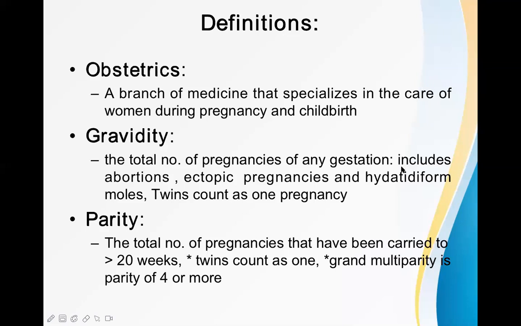Another is hydatidiform mole. Probably in pathology you have heard about hydatidiform mole. This hydatidiform mole is also known as molar pregnancy. This is an abnormal type of pregnancy. So whether normal or abnormal, if the lady is pregnant, she is considered as a gravid one.